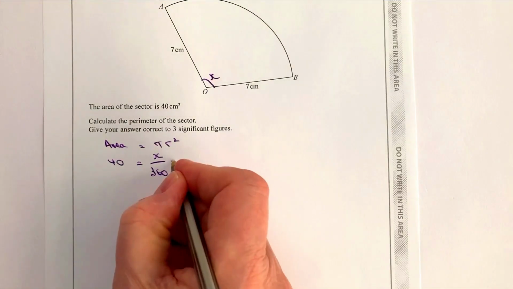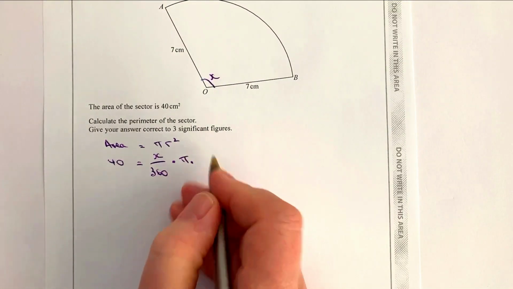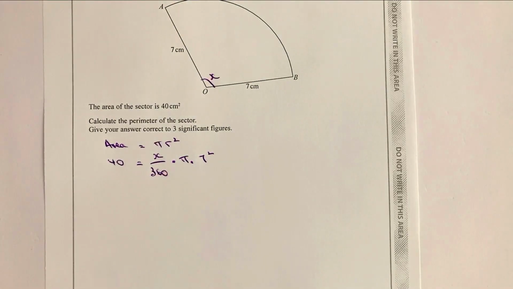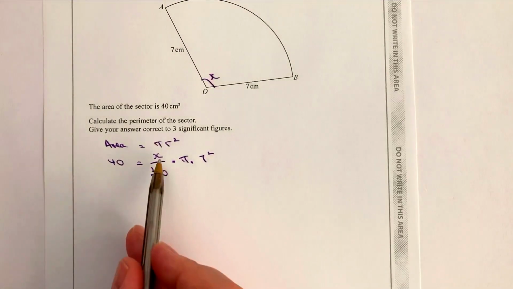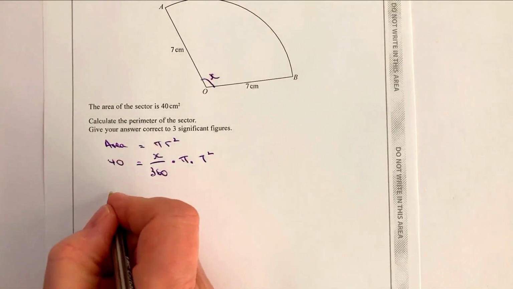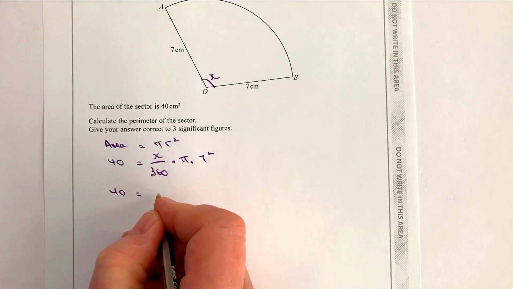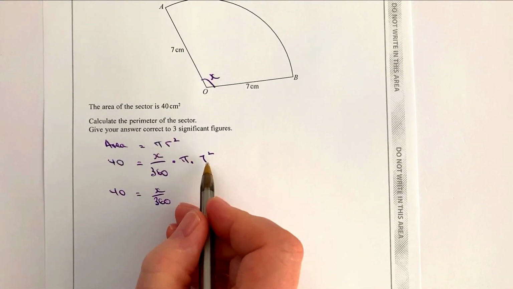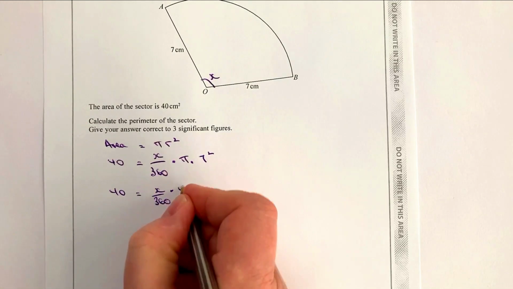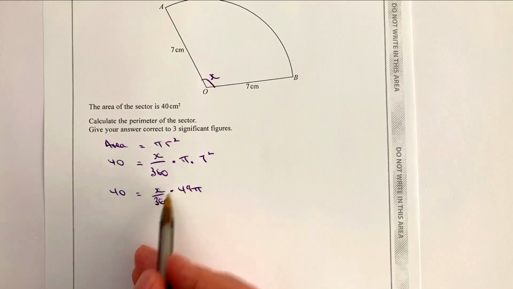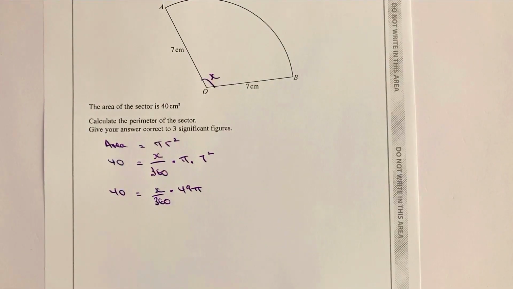Then if I multiply that by pi and multiply that by the radius squared, so 7 squared, it allows me to calculate this value of x just by working everything out here. So what I end up with is 40 equals x over 360, multiplied by 49 pi. I put these little dots in, which basically means multiply. It's just a little bit neater, I think, on the video.